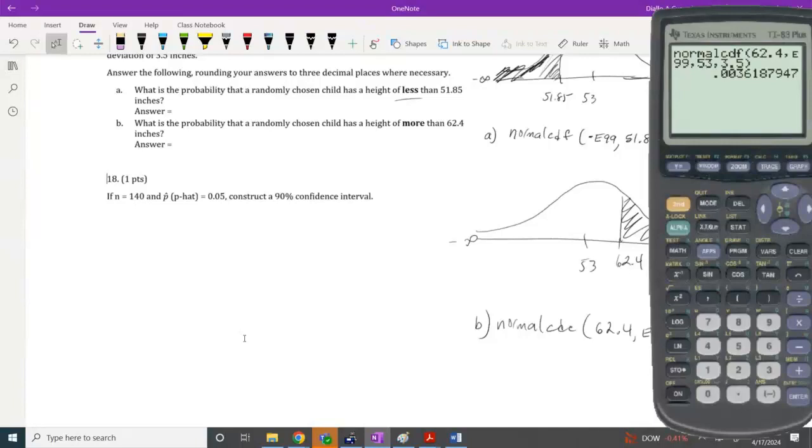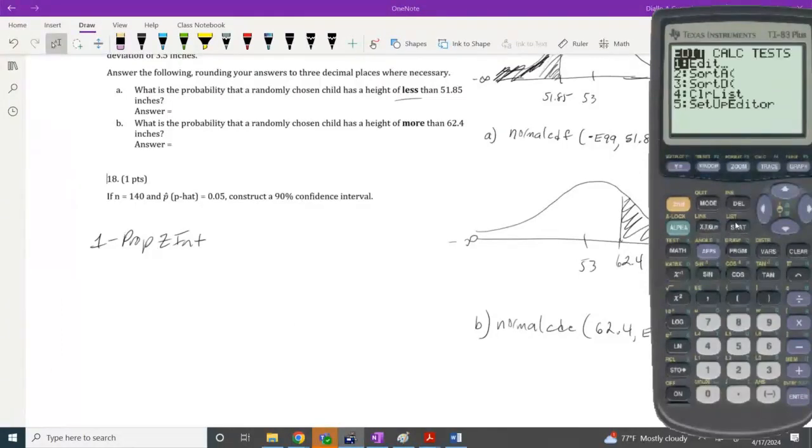Now, since we want the confidence interval of a proportion, we're going to use the one proportion z interval. So I'm going to go into stat, scroll over to test, and we want the one prop, which is short for proportion, z interval.